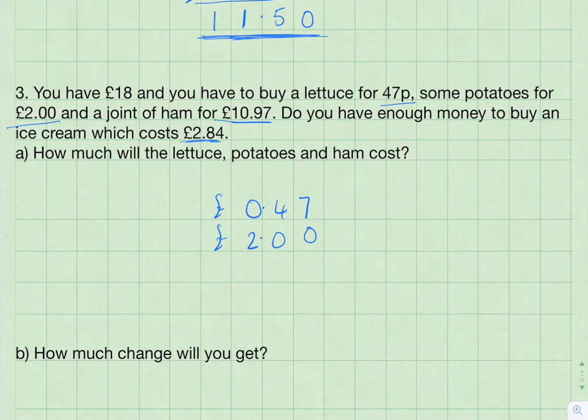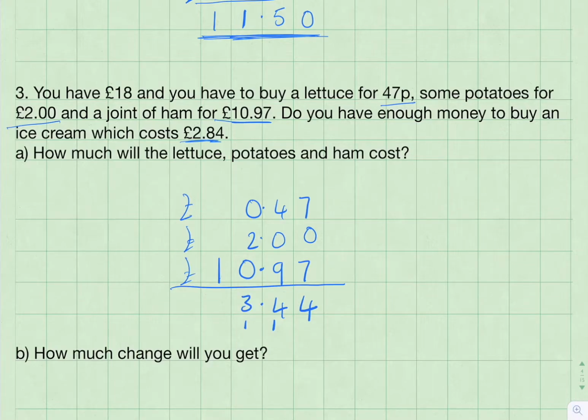Now we see I haven't really left enough space for this, so I'm going to move that over. And this shows really I should have started with the biggest number first at the top of my list, and then I wouldn't have made that mistake. 7 plus 0 plus 7 is 14. 4 carry 1. 4 and 9 is 13, plus 1 is 14. 4 and carry 1. 0 plus 2 plus 0 plus 1 is 3 and 1.